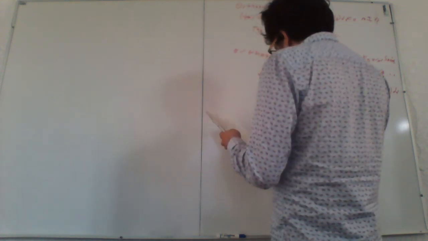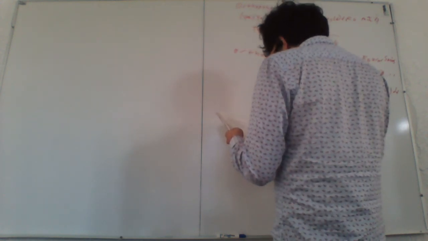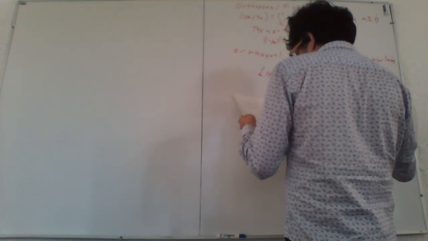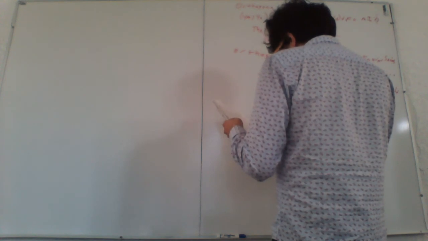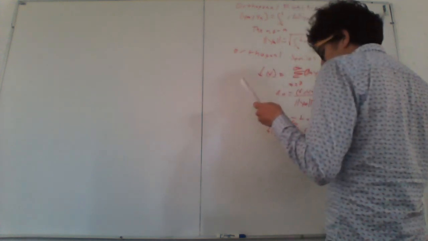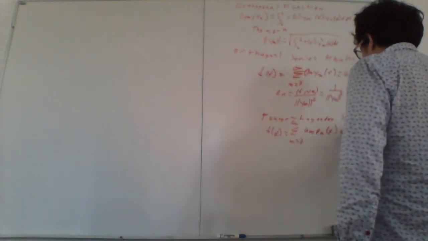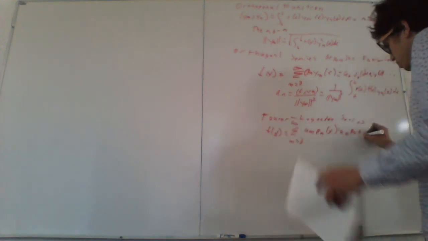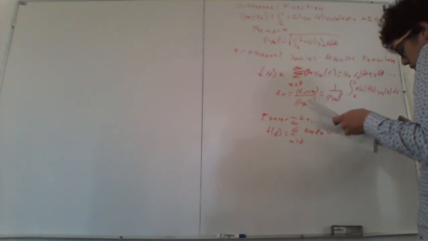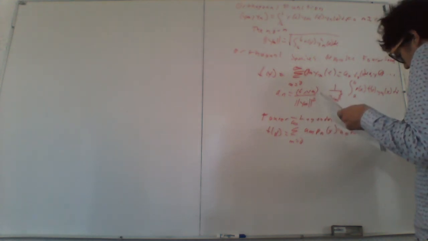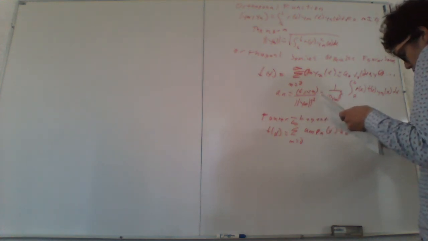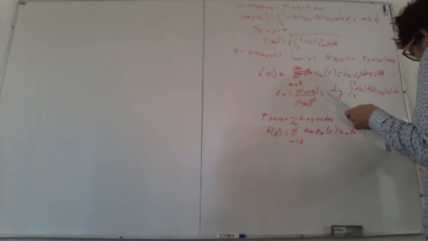and the Fourier-Legendre series is f(x) equals the sum from m equals 0 of a_m P_m(x), that is a0 P0 plus a1 P1 plus, this is equal to a0 plus a1 x plus a2 times 3/2 x squared minus 1/2.